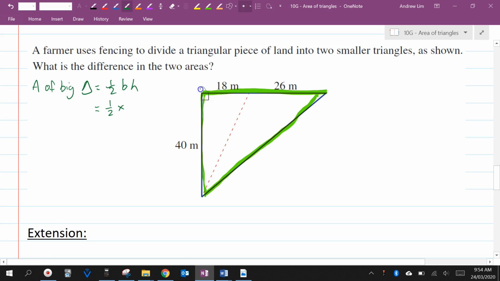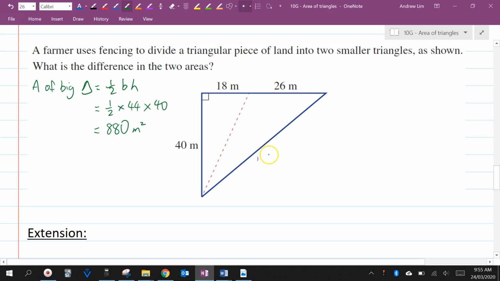The base is 18 plus 26, which is 44. And the height is 40. So I might halve the 40 because that's easy to do. So we got 44 times 20, which is 880. So that's 880 square meters.